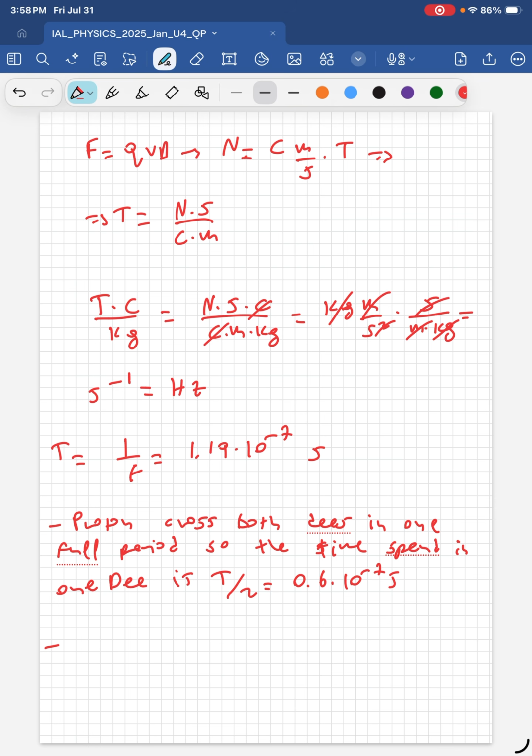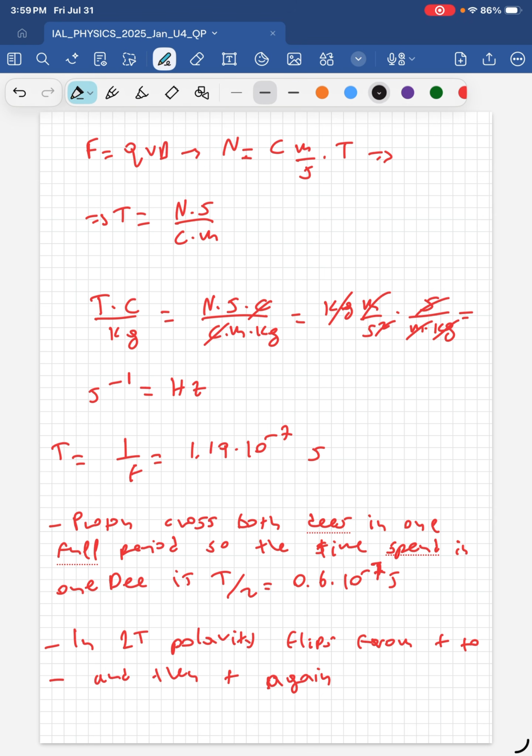And this is all there is, but just for completeness, in one period, the polarity between the Ds flips from plus to minus and then plus again, so that in every revolution, the proton always gets accelerated.